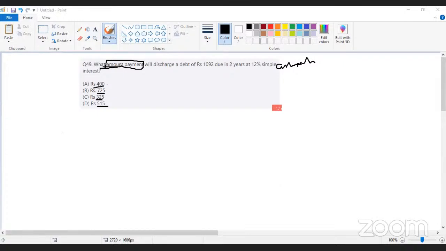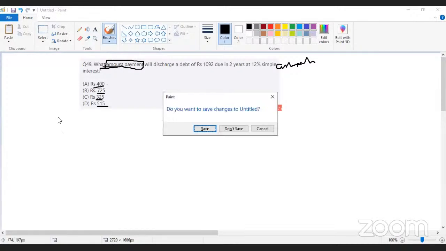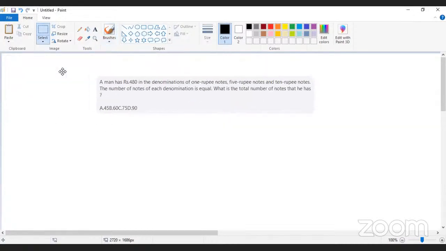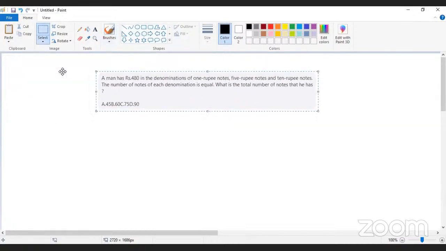A man has 480 rupees in denominations of 1 rupee notes, 5 rupee notes, and 10 rupee notes. What is the total number of notes that he has? Okay, fine.